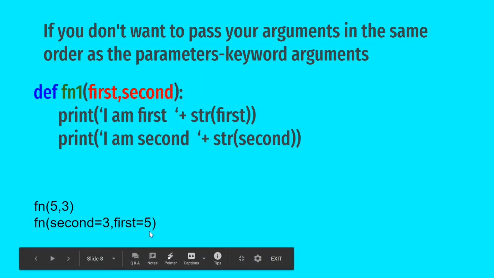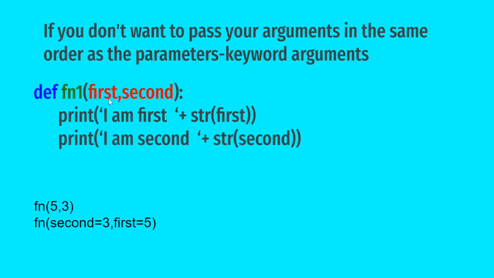Now in the second case, you can see 3 is actually written first and then 5 is being written. But we are using keywords to store these values. 3 is stored in the keyword second and 5 is stored in the keyword first, and the same keywords are your parameters. So automatically when it sees second equal to 3, it will go here. And when it sees first equal to 5, it will go to first in the function definition.